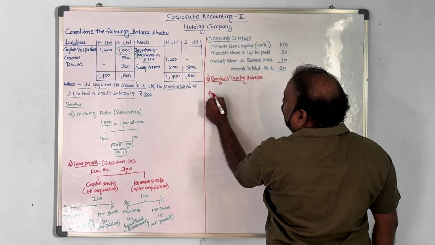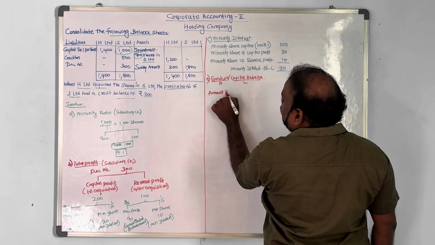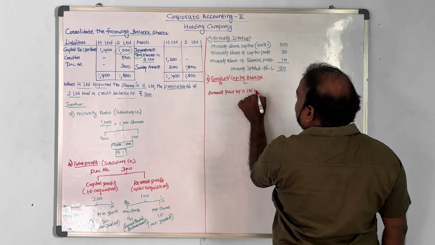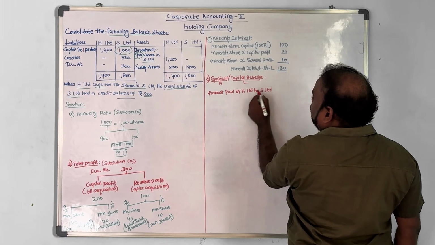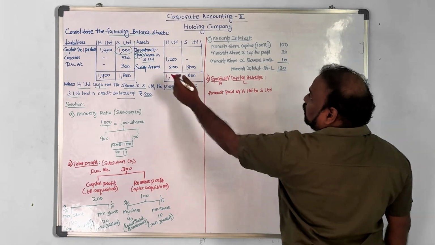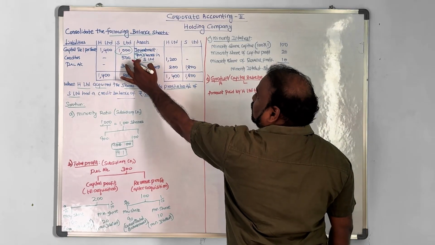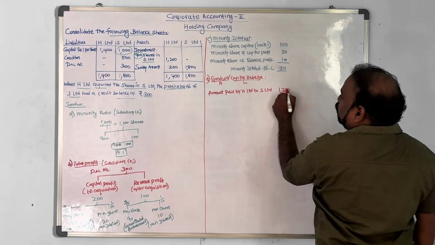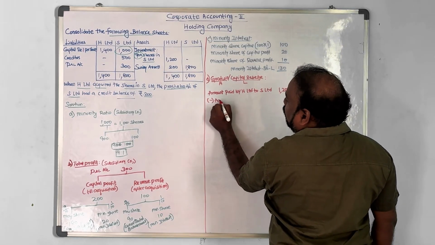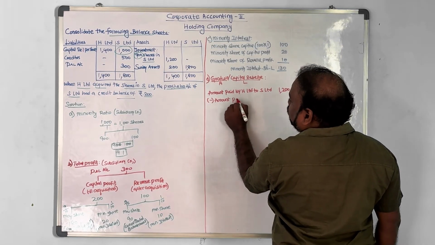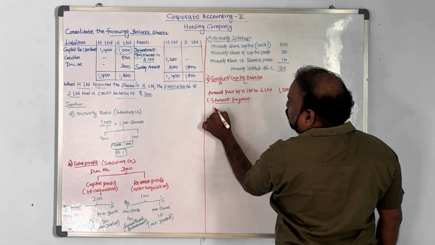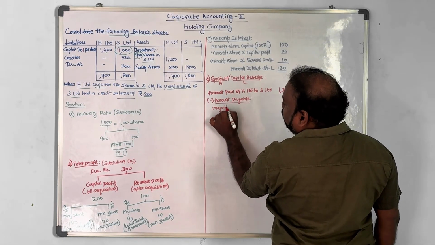Then the amount paid by H Limited to S Limited, that is holding company to subsidiary company. Holding company purchased 900 shares and paid 1200. So minus amount payable: majority share capital.